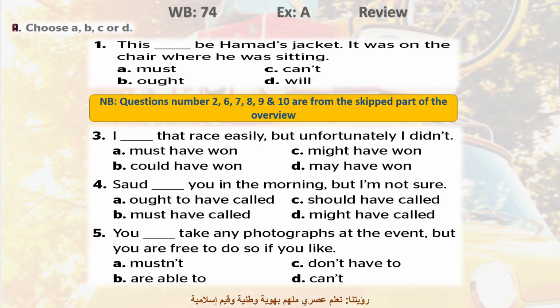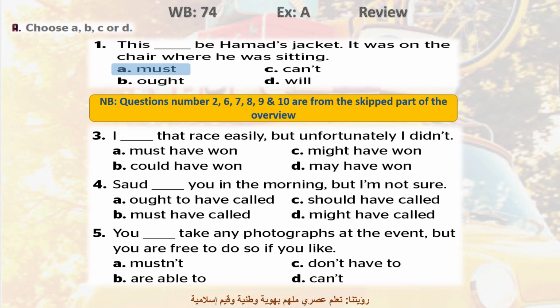Where he was sitting. كان على مقعده حيث كان يجلس. إذن فهنا الجملة عبارة عن logical assumption، يعني توقع أو ادعاء منطقي أو استنتاج منطقي. الجاكيت أكيد يخص حمد لأنه كان يجلس في هذا المكان. يبقى the answer is yes, A must be Hamad's jacket.